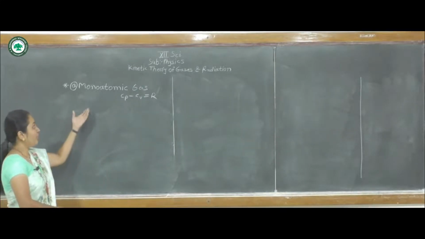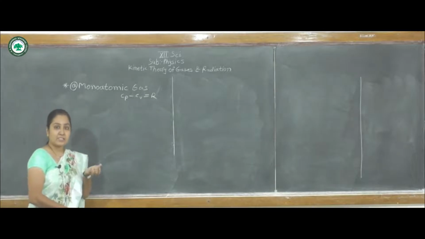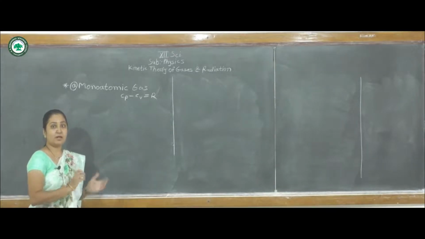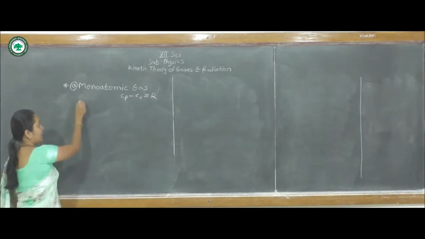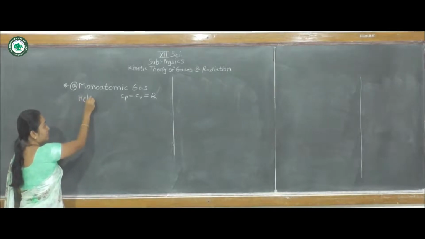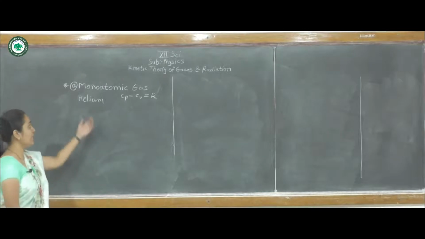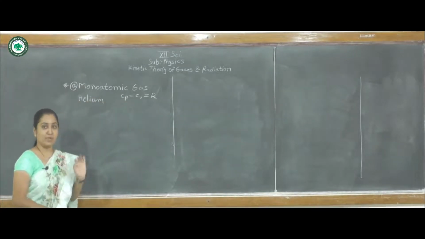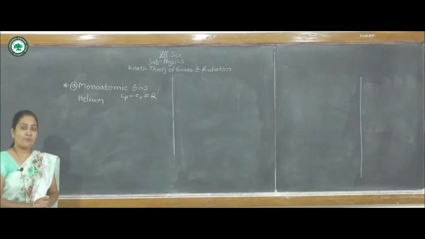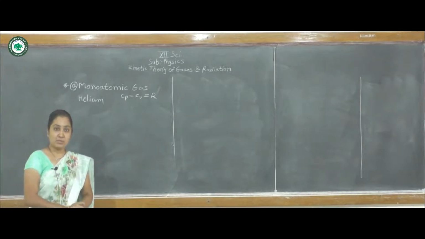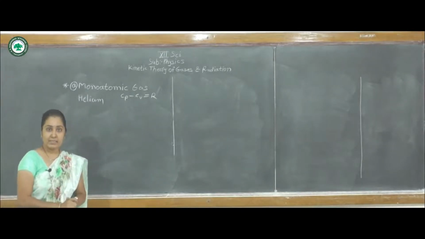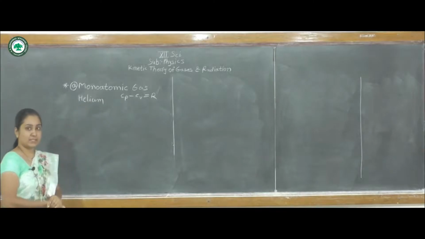So now monoatomic gas means a gas which contains a single atom per molecule. For example, helium. This helium has a single atom, so we can say it is a monoatomic gas. The law of equipartition of energy gives us the internal energy in case of these gases.